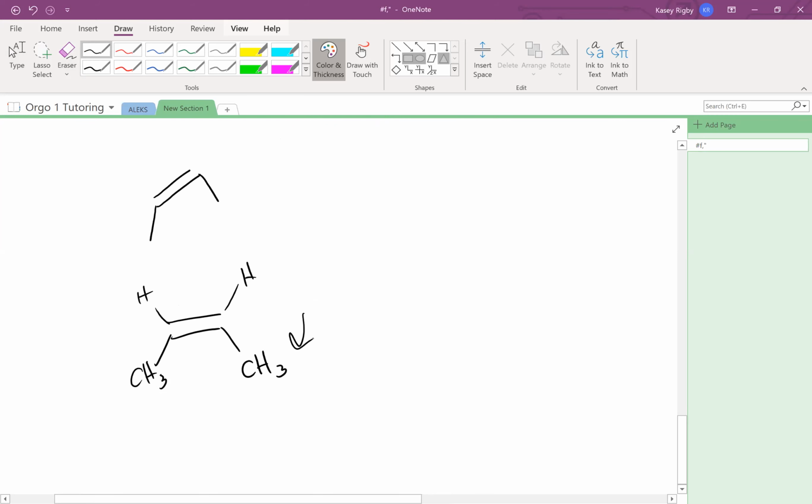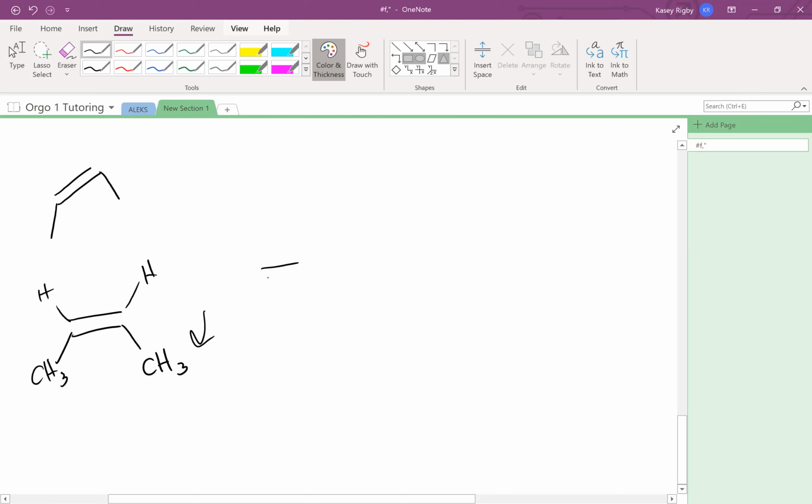So now the CH3 is on the same side. If we rotated it again, we'd have CH3 in the front, CH3 in the front, and then H in the back, and vice versa. Okay, so that's just something to keep in mind when we're thinking about three-dimensional structures.